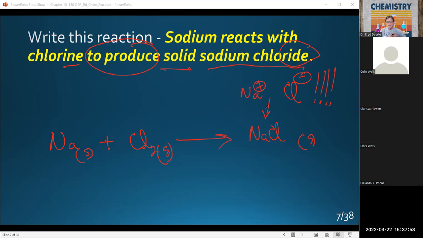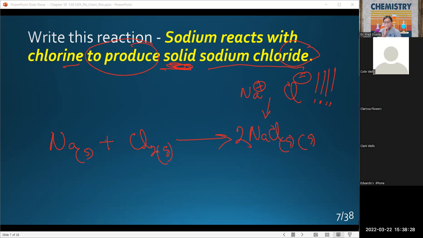Now, the next matter is balancing. Because it's solid, they told us it was solid right there. So we got the formula written, but it's not balanced. We have 1 sodium on each side. Sodium's happy. For the chlorines, we have 2 on the left, 1 on the right. What if we put a 2 in front of sodium chloride?